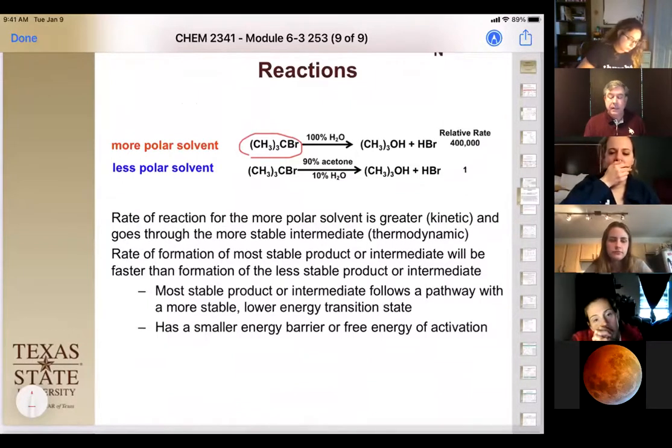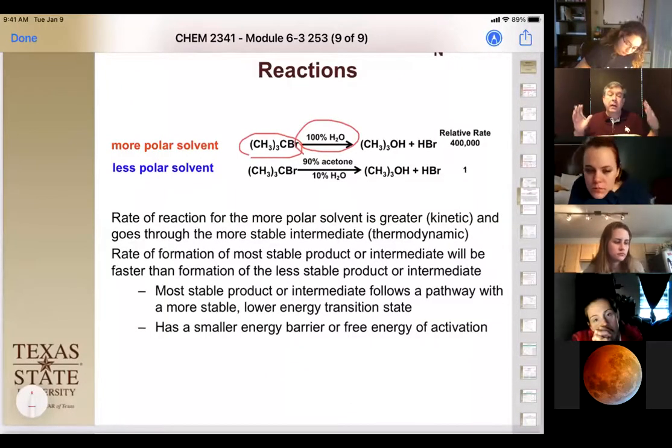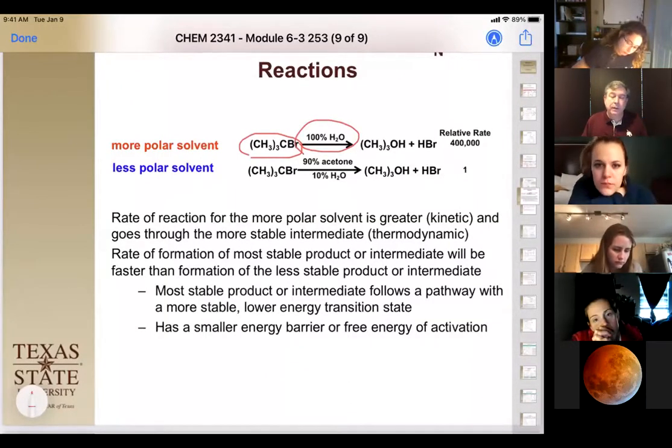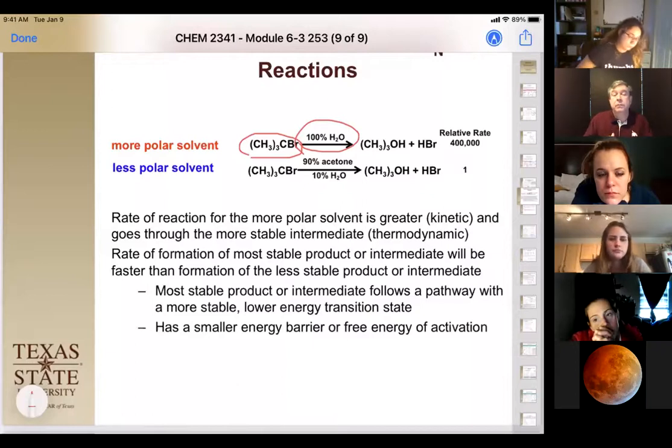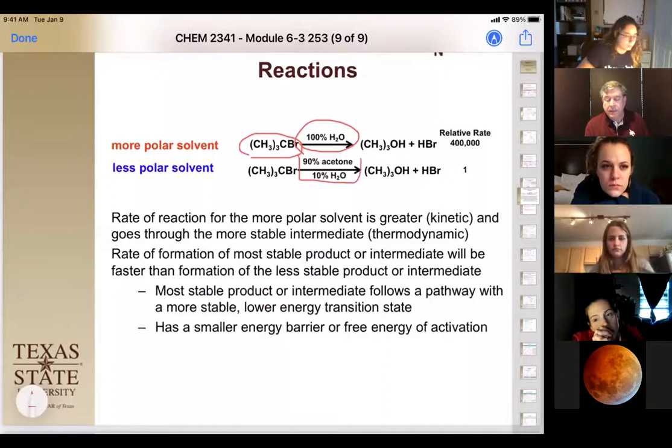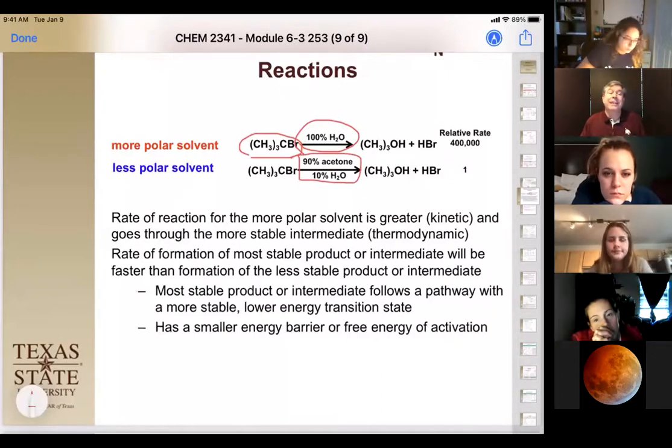In this case here, we are using 100% water. So that means 100% of the solvent can hydrogen bond with our bromine to help remove the bromine to form the carbocation. In this one right here, we've taken 90% of the solvent and turned it into acetone.